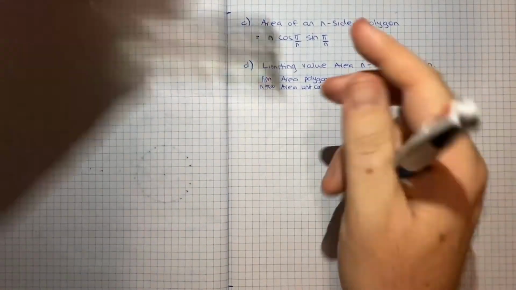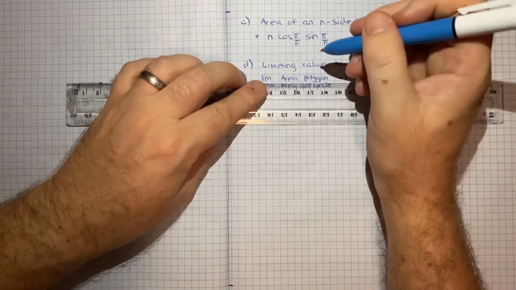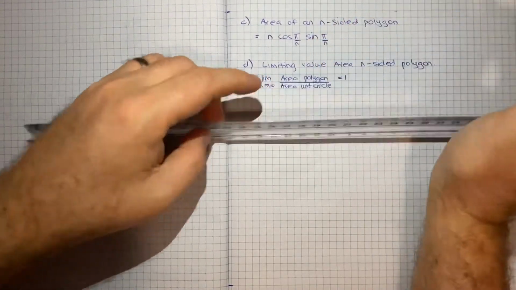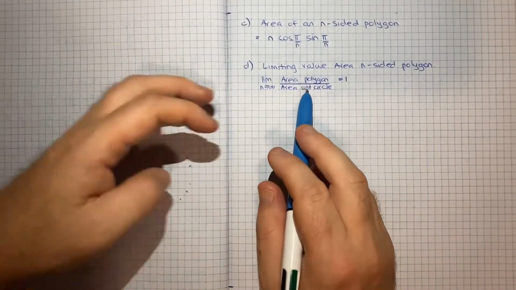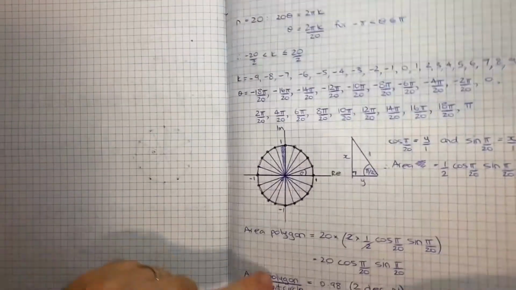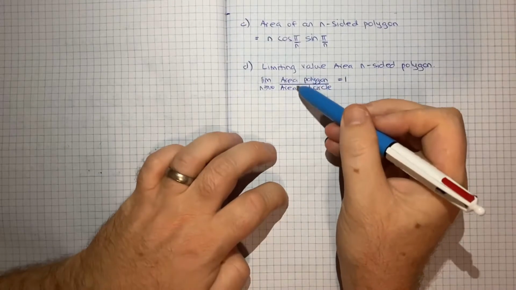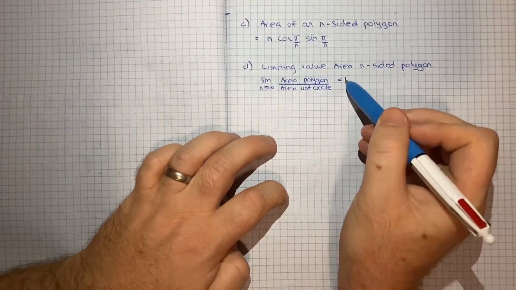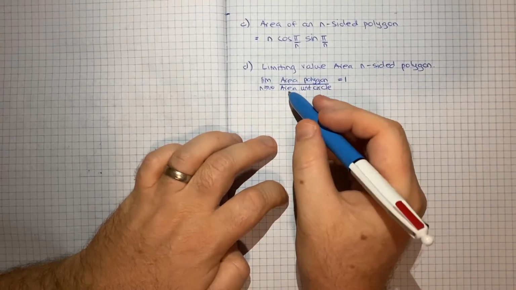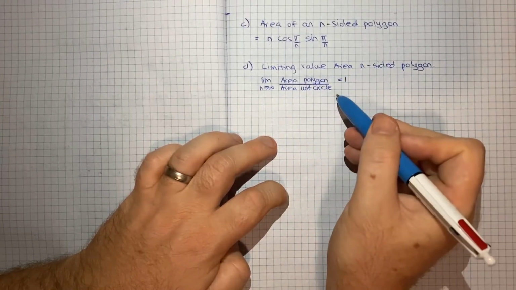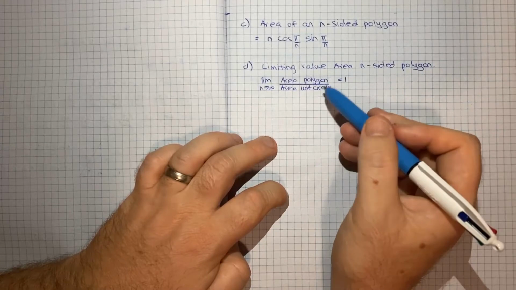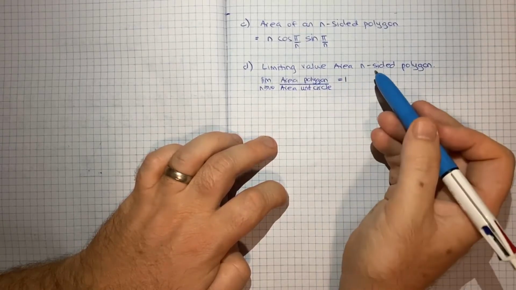I'll just do my divide sign here. So we can say with some confidence, having seen the pattern, that this limit goes to 1. So now what we can do is say, well, therefore, this area of the unit circle has nothing to do with n. It's always just going to be pi r squared, or pi times 1 squared, or pi.